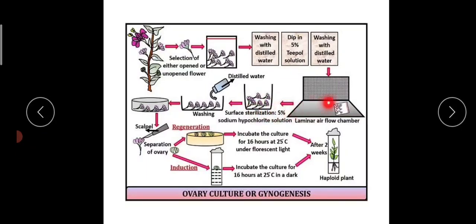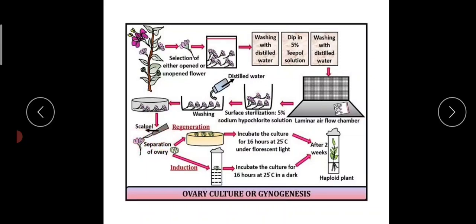After surface sterilization with these chemicals, we wash the flower buds again with double distilled sterile water, and these sterile flower buds are then cut to separate the anthers. So anther or ovary, whatever we use, it is separated.